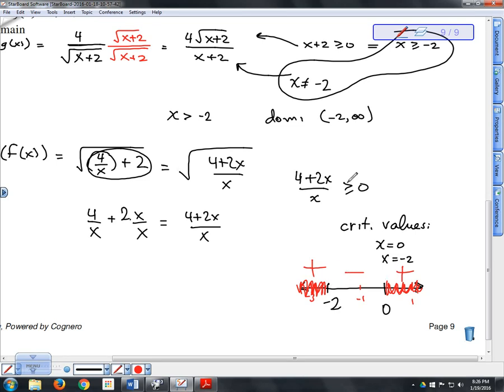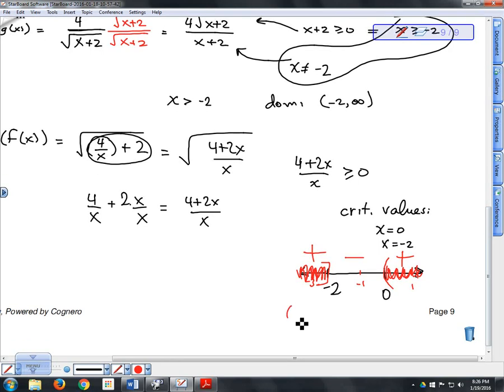Greater than or equal to usually means brackets, but I don't want to put a bracket around 0 because I can't divide by 0. I can't have a 0 on the bottom of a fraction, so I'm actually going to put a parenthesis there. So the interval is from negative infinity to negative 2, bracket, union, parenthesis, 0 to infinity. This is the domain.